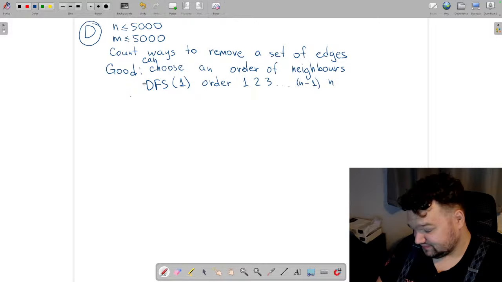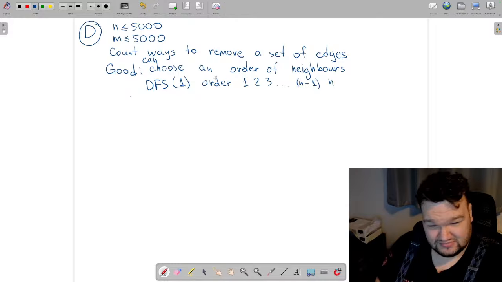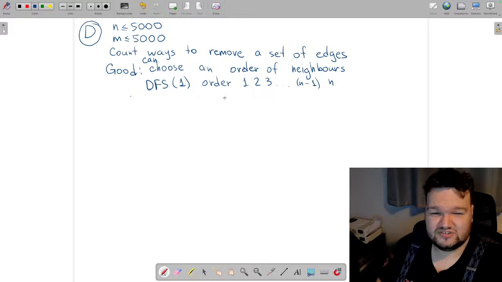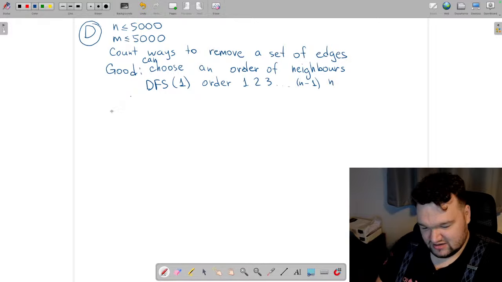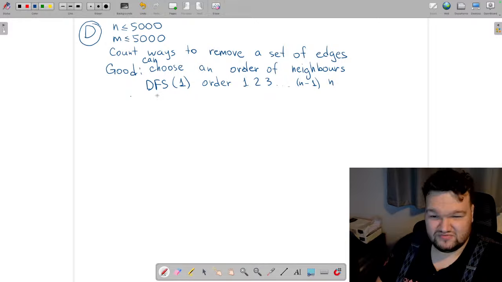How do we check if there is such an order of neighbors that DFS from vertex 1 visits all vertices in correct order? One way to think about it is, if there is an order of neighbors that works, we can just sort neighbors in every vertex.